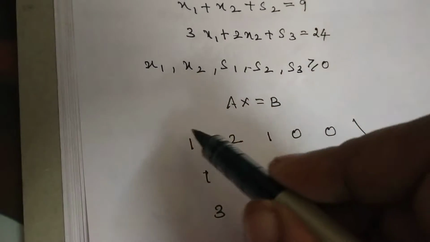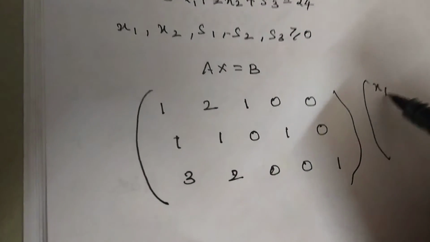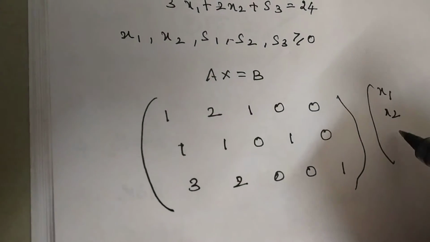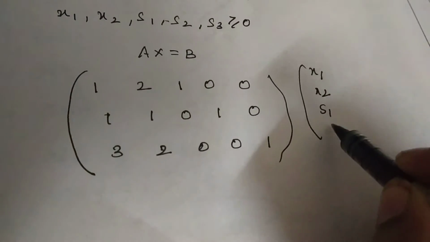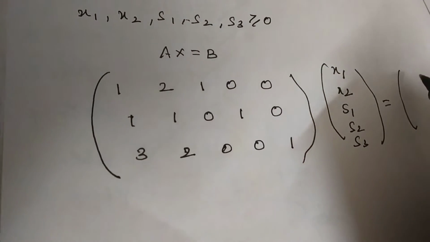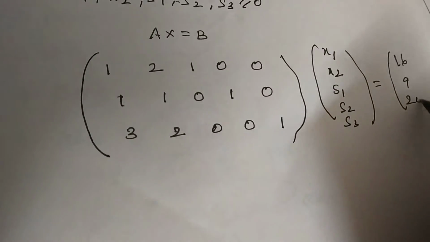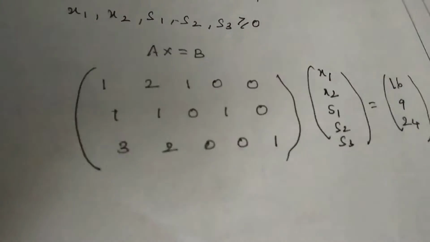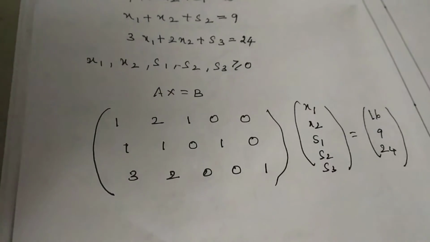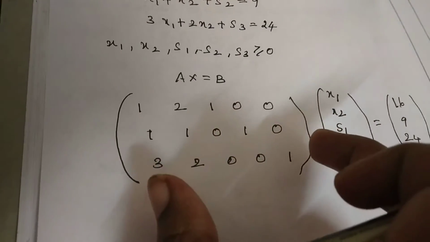So this is the coefficient matrix A. And then what are the variables involved in this? x1, x2, s1, s2 and s3, which is equal to the constants 16, 9, 24. So just consider this one only, that is the coefficient matrix.